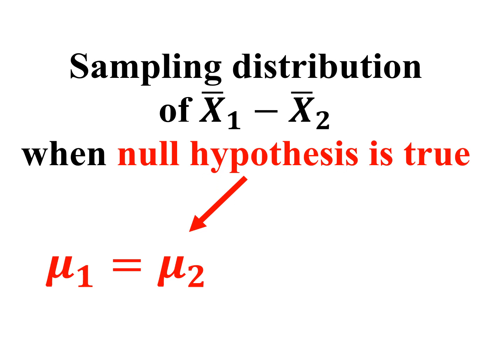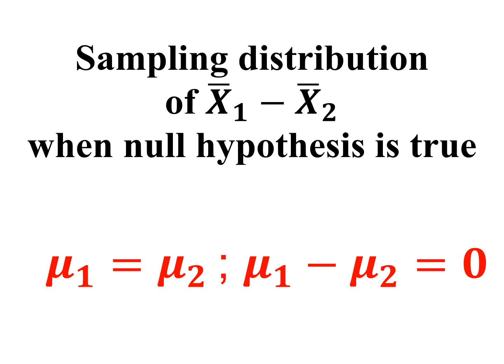Now here is the equation that represents the null hypothesis: mu1 equals mu2. That is, the mean of the first population is equal to the mean of the second population. This second equation is equivalent to the first one and can also be used to represent the null hypothesis.